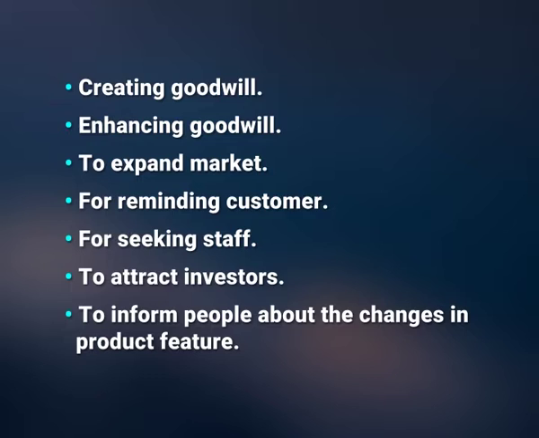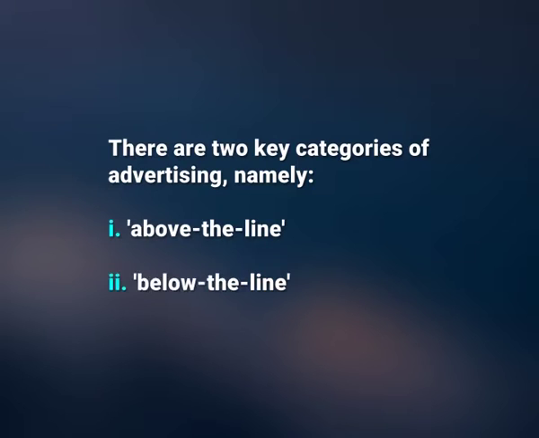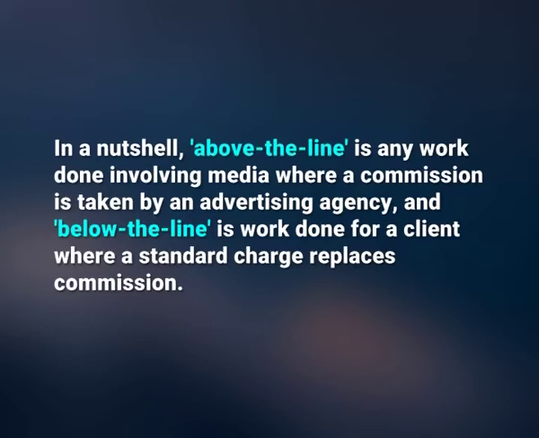There are two key categories of advertising, namely above the line and below the line. The definition owes a lot to the historical development of advertising agencies and how they charge for their services. In a nutshell, above the line is any work done involving media where a commission is taken by an advertising agency, and below the line is work done for a client where a standard charge replaces commission.